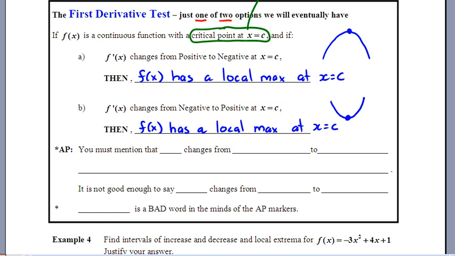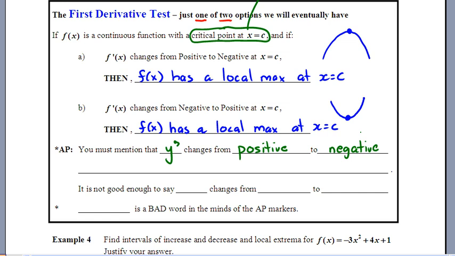A little thought about the AP exam, and how the AP exam is going to be marked. You have to mention that the derivative, that y prime, changes from positive to negative. I'm assuming you're trying to talk about a maximum. The other way around if it's a min.